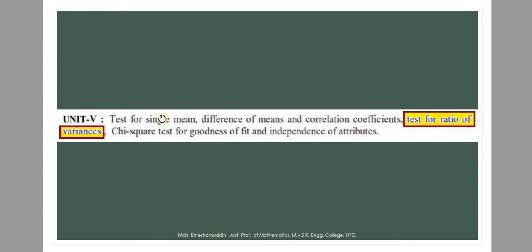The first 3 topics were discussed with respect to the t-test, and test for ratio of variances is the only topic that we need to deal with under the f-test. The chi-square test we will talk about in the next session.